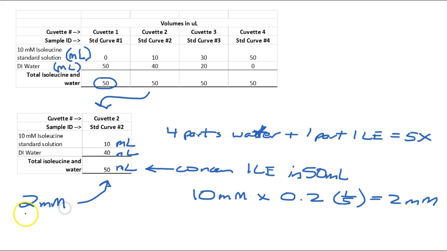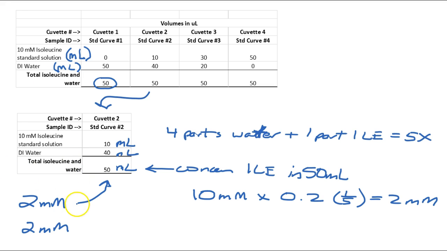Well, what do we know from the last slide? We know that for every 1 millimolar concentration of isoleucine, we have 14 milligrams per liter of nitrogen. So if we take our 2 millimolar, actually I think I should be a little more exact about this one. I should always be clear about what we're talking about.